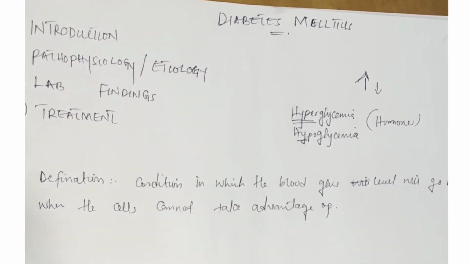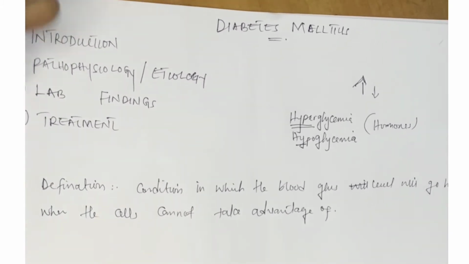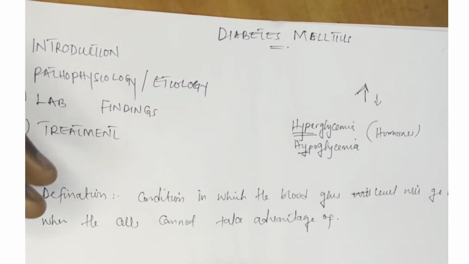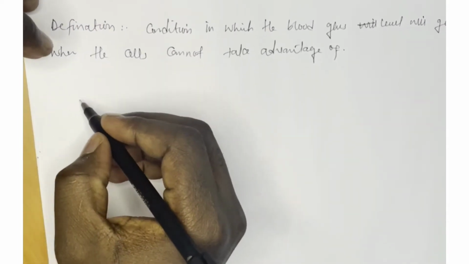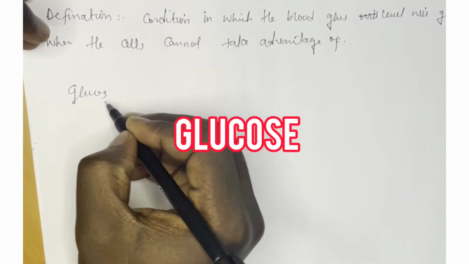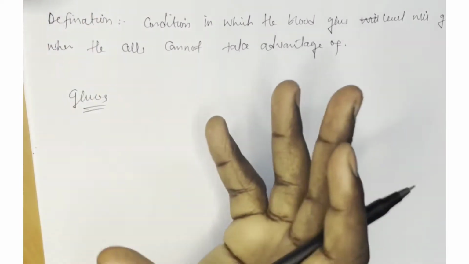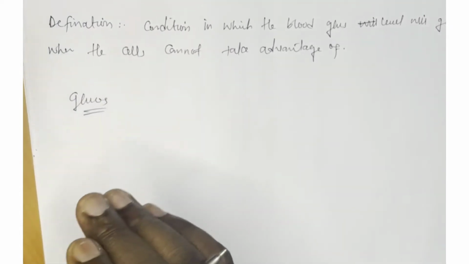In food we have different diets: carbohydrate, protein, lipid, and so on. Carbohydrate is broken down into its building block which we call glucose. It is absorbed into the body, where it is transported through the bloodstream.